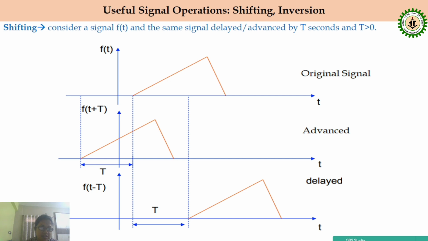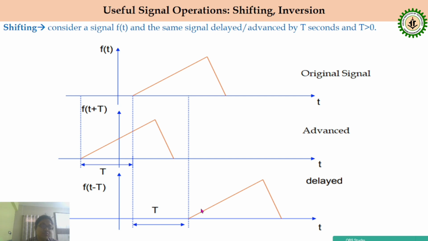Now in the last case, compared to the original one, if this is your 10 am, then this maybe you can consider 10:30. So the student came late and entered the class at 10:30. That means there is a delay of 30 minutes. So we can say this signal is the representation of a delayed signal or late signal.